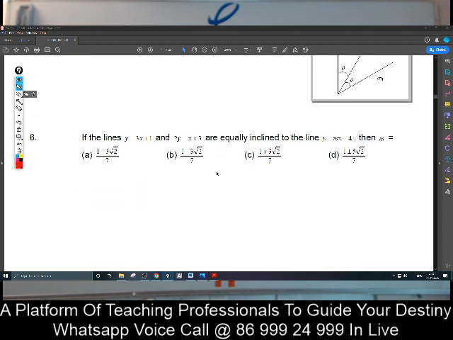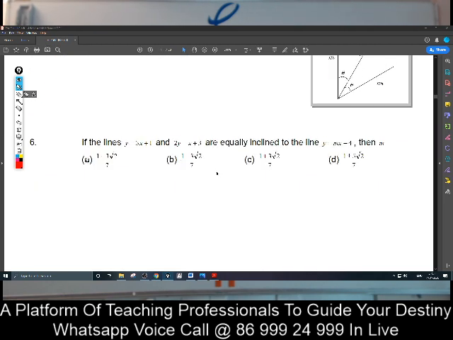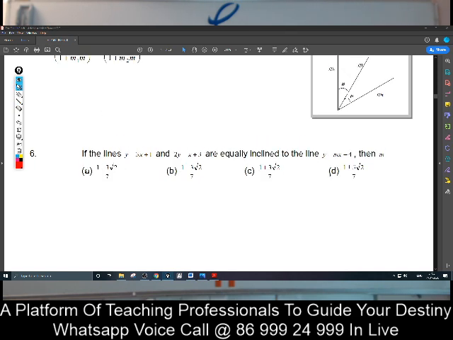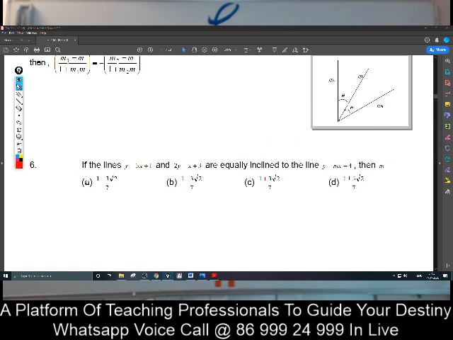If the lines are equally inclined to the line y is equal to mx plus 4, then m is equal to what? Let us do the same, what we have learned. Let us understand in the diagram. What is M1?